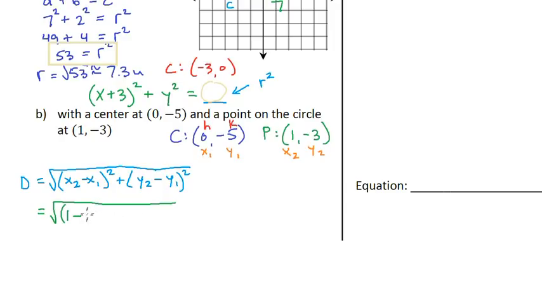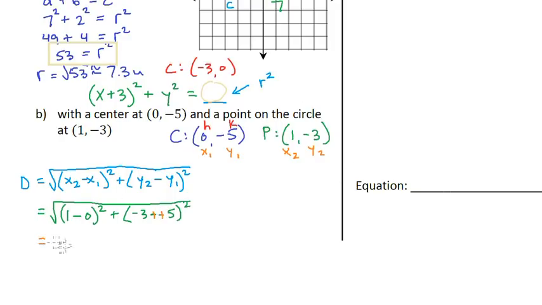X sub 1 is 0. Y sub 2 is negative 3. Minus is part of our equation. And then our y sub 1 is negative 5. You can see we're subtracting a negative, which let's go ahead and take care of right now. That means we are actually going to add the 5.